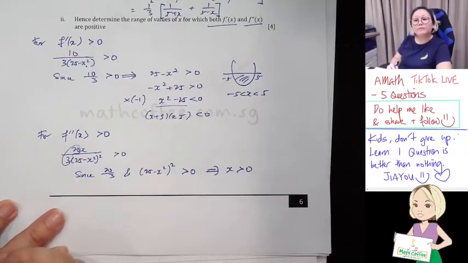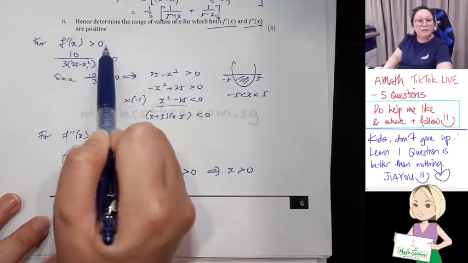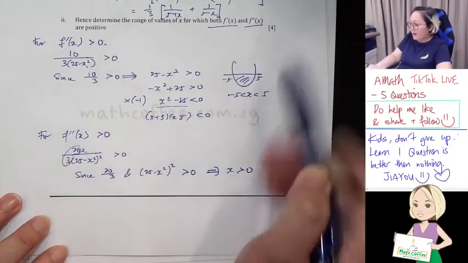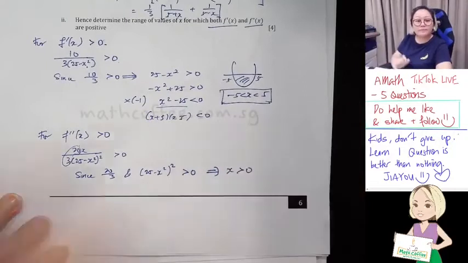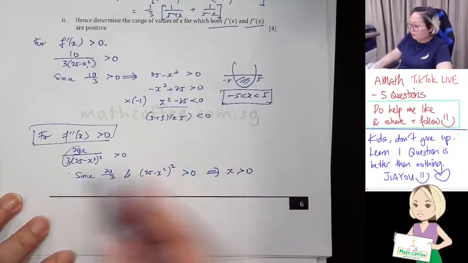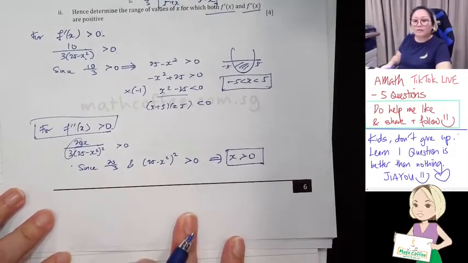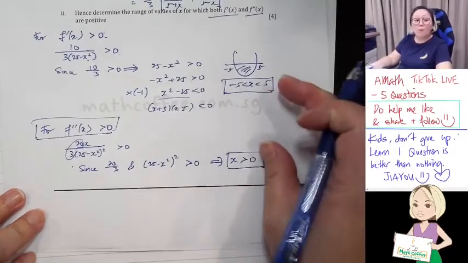Agree? Okay. So for f prime x to be positive, I need to take note that my x must be within this range. For my f prime prime to be positive, I need to take note that my x is more than 0. Then I need to find out the range that fulfills both.